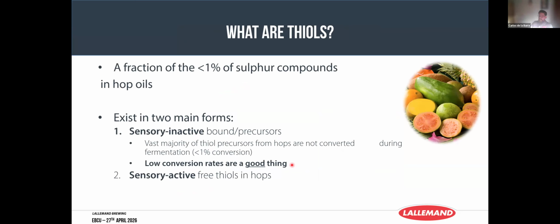One, I've mentioned this before, low conversion rates are actually a good thing. So you don't actually need a lot of this to have a big effect. Very intense.